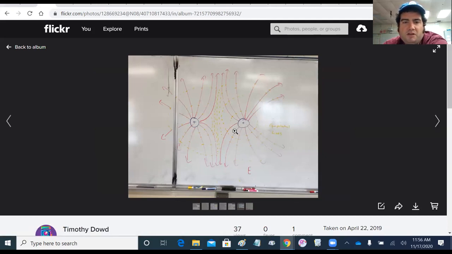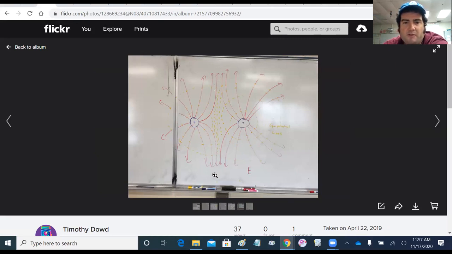Here's the equipotential lines in yellow and the electric field in red if you have two positive charges. Notice the electric field lines approach each other but don't cross. That's because the electric field shows you the direction of the net electrostatic force in a location, and you can't have two net forces. So right here, we would see this positive charge is being accelerated that way.